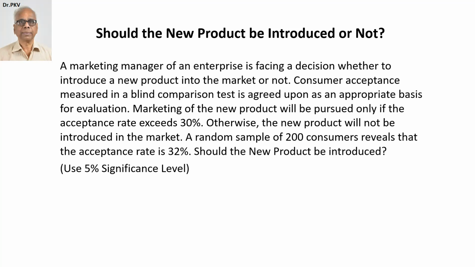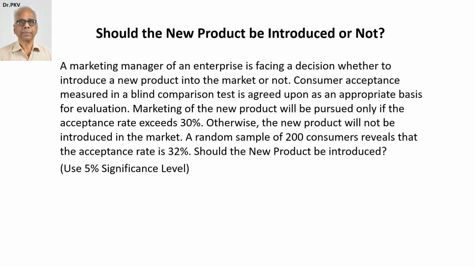Otherwise, the new product will not be introduced in the market. A random sample of 200 consumers reveals that the acceptance rate is 32%. Should the new product be introduced? Use 5% significance level for the procedure. It's a very interesting problem.